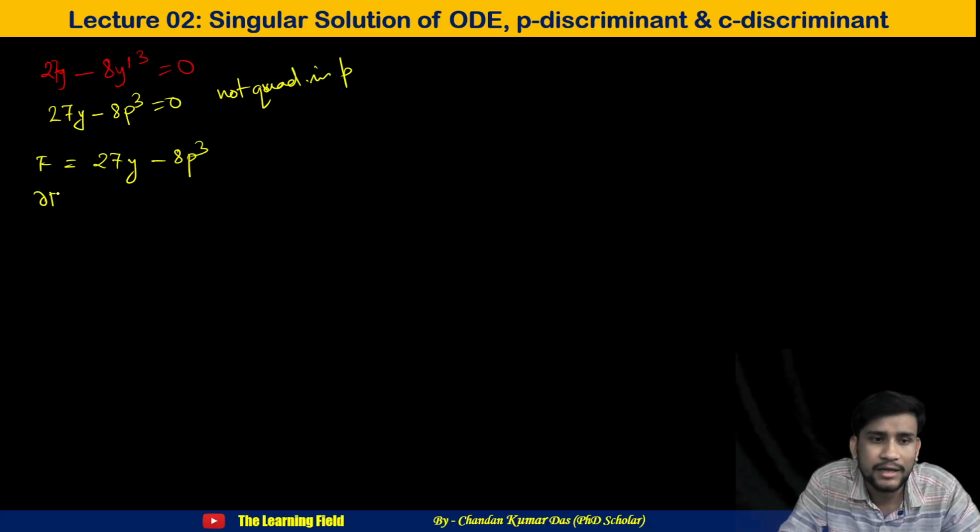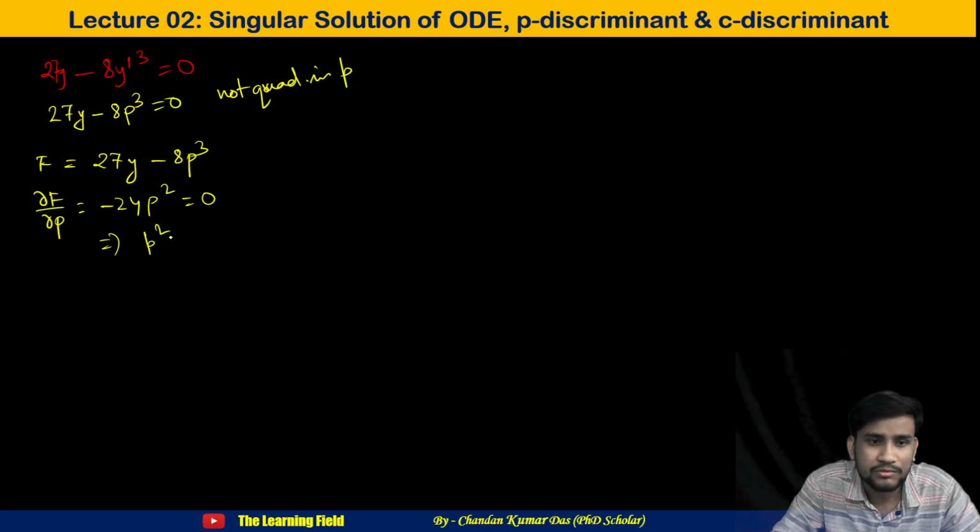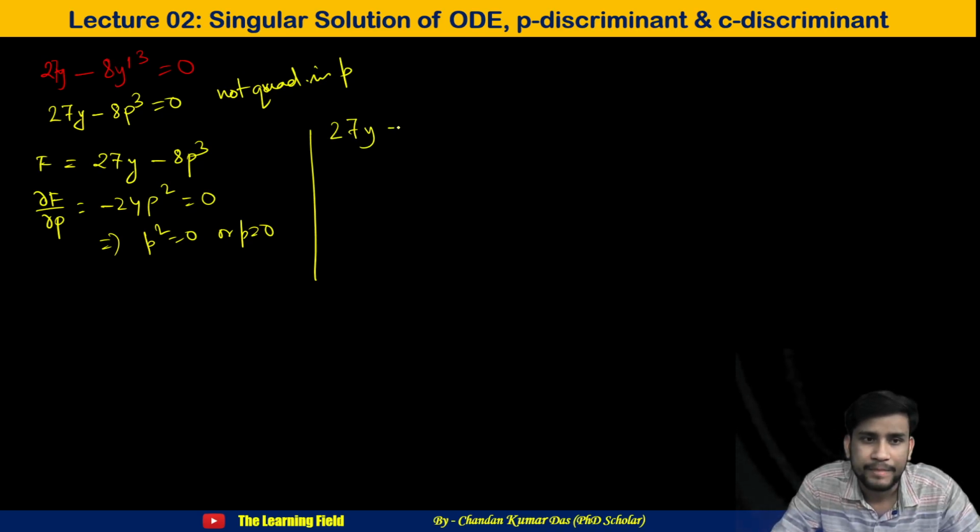Then we calculate del f del p, which is equal to minus 24 p square, which is equal to 0. So that means we get p square equal to 0, or p equal to 0. And the given equation is 27y minus 8pq equal to 0.